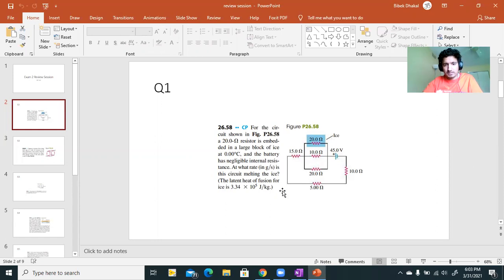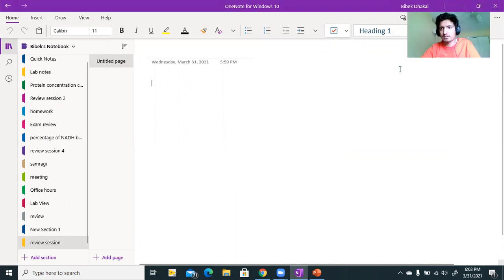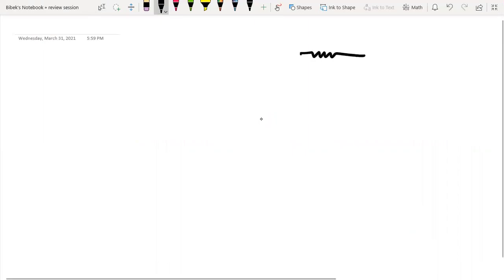So let's start. Okay, let me reduce this. Okay, so you have this circuit. That's 20 ohm.